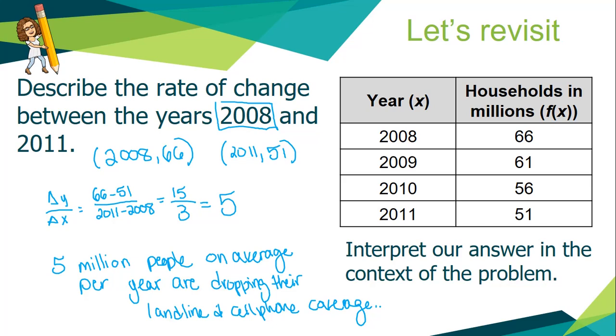So they're either just going with the landline, but most likely they're probably going with cell phone, right? So 5 million people on average per year are dropping their landline or cell phone coverage.